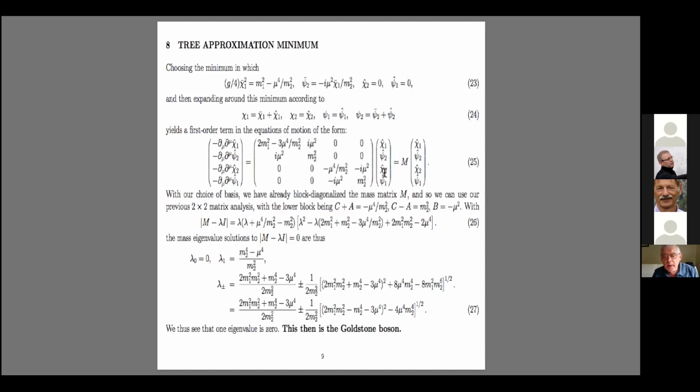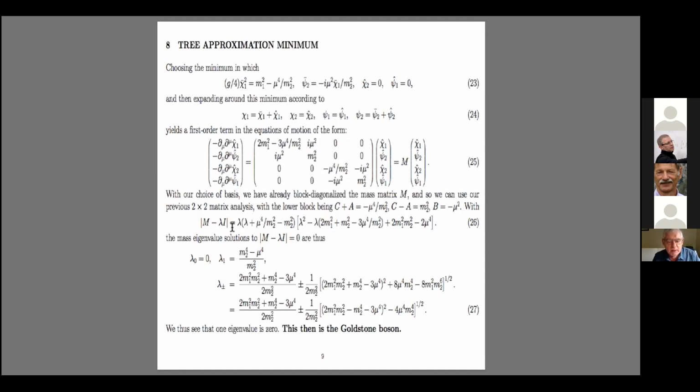Now we've got a 2 by 2 matrix, and that's exactly the one I just discussed, namely the functions c plus a would be minus mu to the 4 over m2 squared, c minus a would be m2 squared, and b would be minus mu squared. So everything that we discussed in that 2 by 2 matrix now immediately applies to this situation.